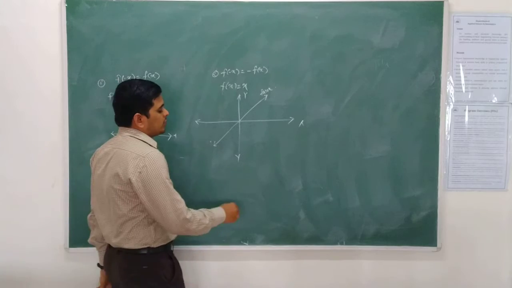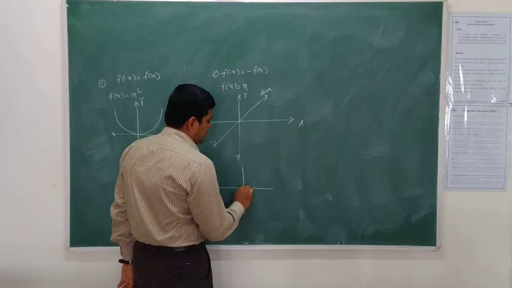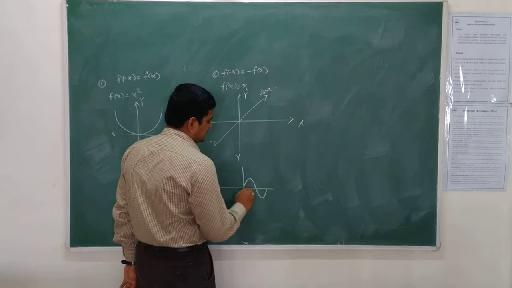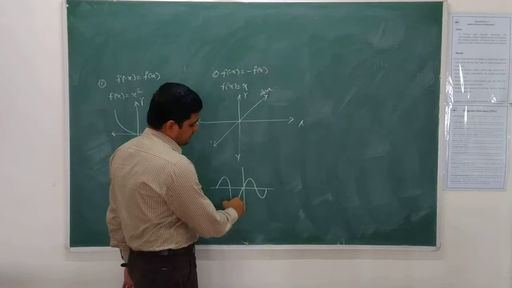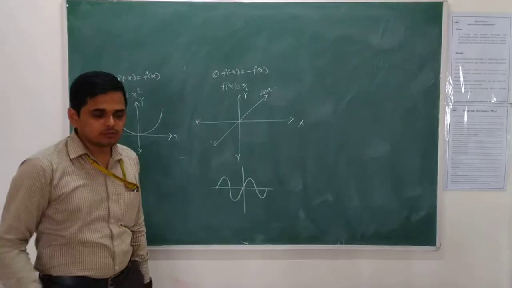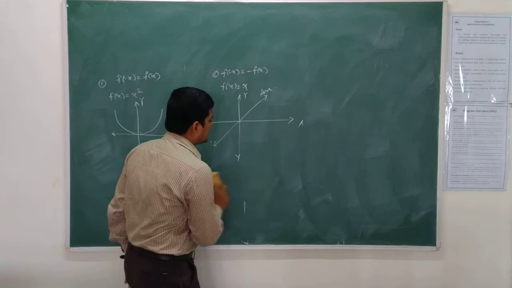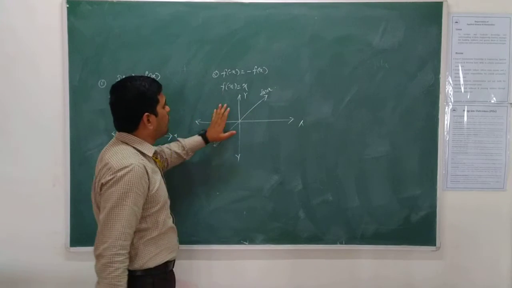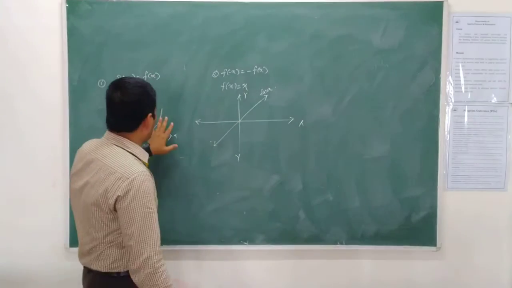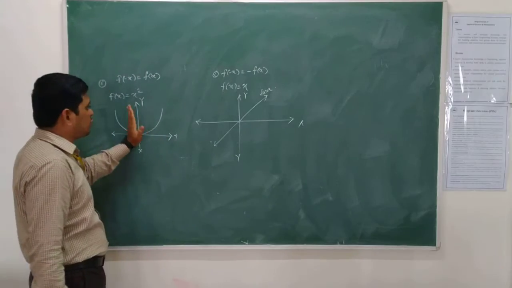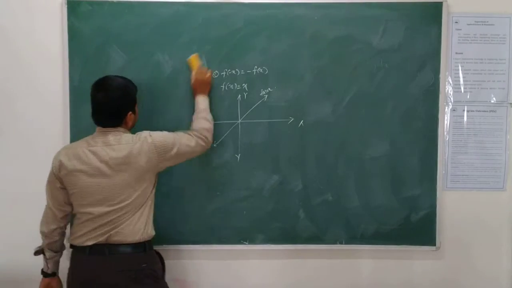Or you can take one more example, the sine function. For the sine function, the graph looks like this, so we get a reflection about the origin. Hence this is treated as an odd function. So this is the characteristic of the odd function, that if we plot its graph, we get a reflection about the origin, and for an even function we get a reflection about the y-axis. Just remember these characteristics.